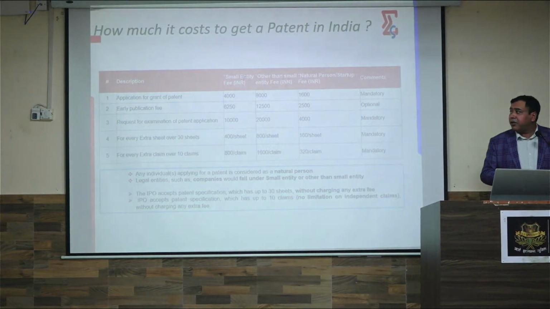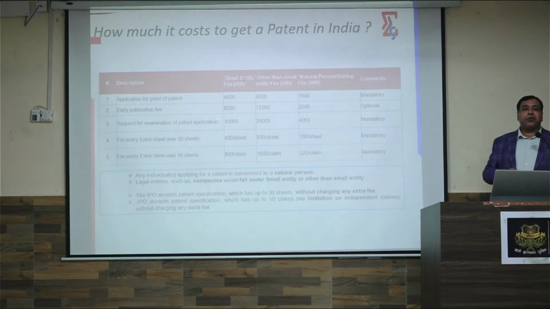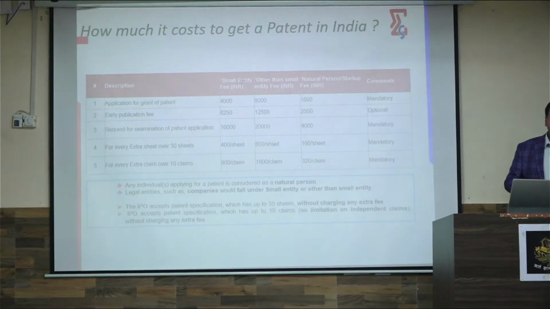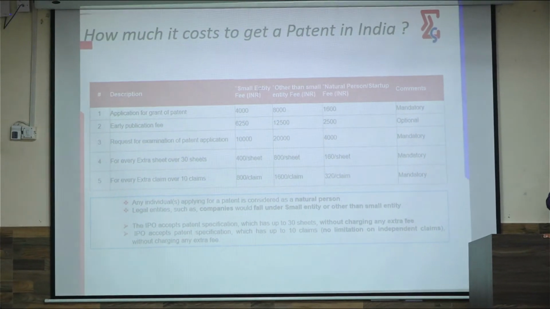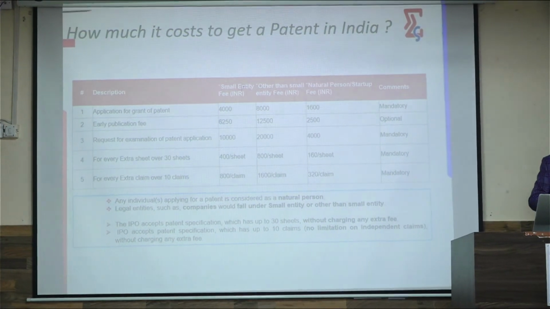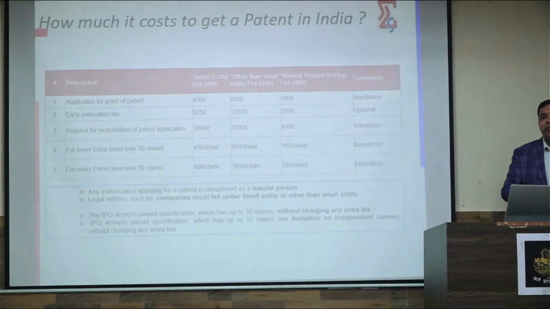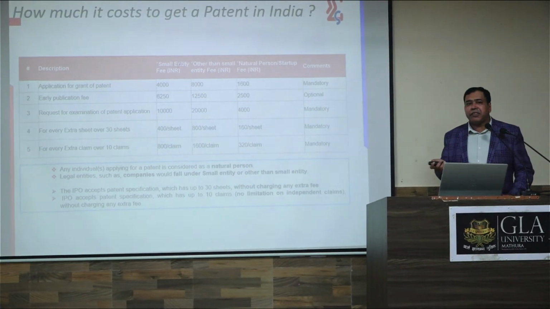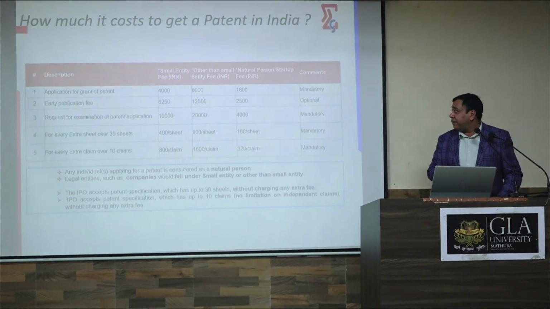Okay, so just to give you an idea of what the government costs are associated with filing a patent application in India. At the time of initial filing, for an individual inventor, for a startup, for a woman innovator, these are the fees which are applicable for all of them.